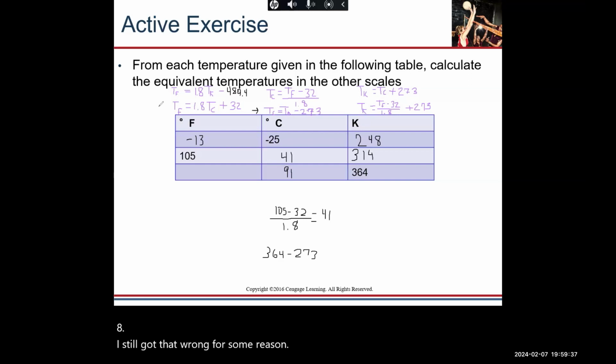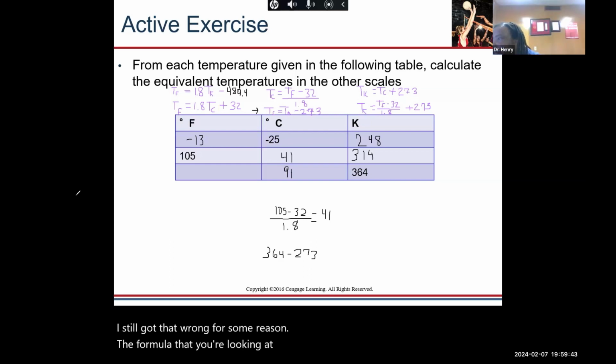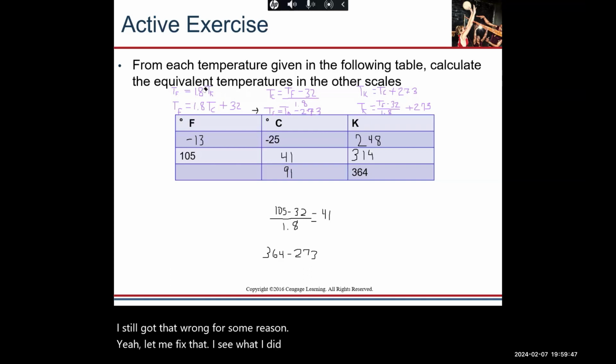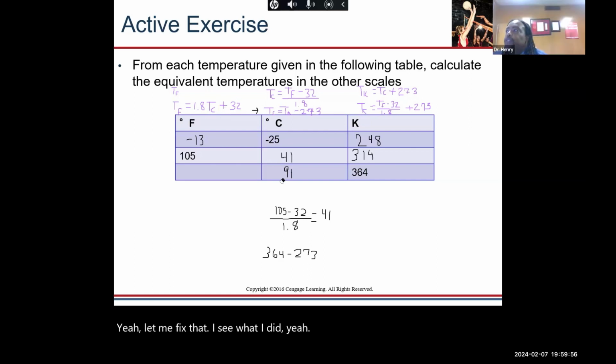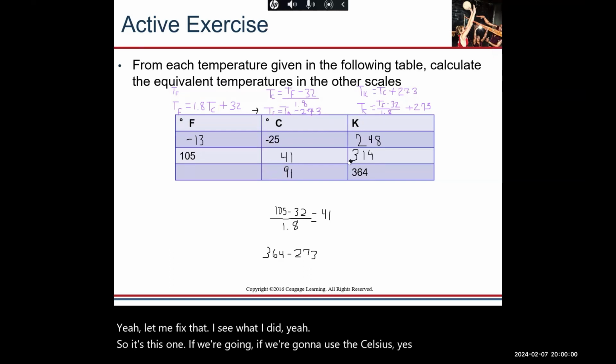The formula that you're looking at has Kelvin, but we're doing Celsius to Fahrenheit. Yeah, let me fix that. So I think it's 1.8 times C plus 32, right? Yeah, that one. So it should be 195.8, right? Or 196.